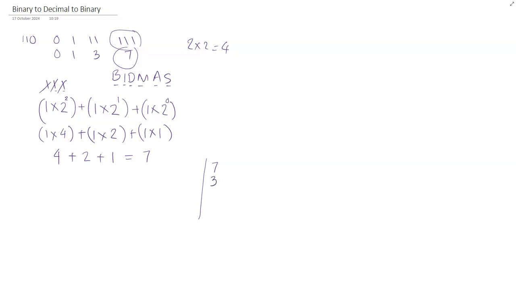So I'll put the 3 here, but the remainder I'll just put there. Then if I divide 3 by 2, it will be 1 and 1, then there will be 1 remainder. So the division is 1, but you have a remainder of 1. Can you divide 1 by 2? No. So we take it over as a remainder. Now if you count it from bottom to top, you will have 1 1 1. So it goes back to where it started.